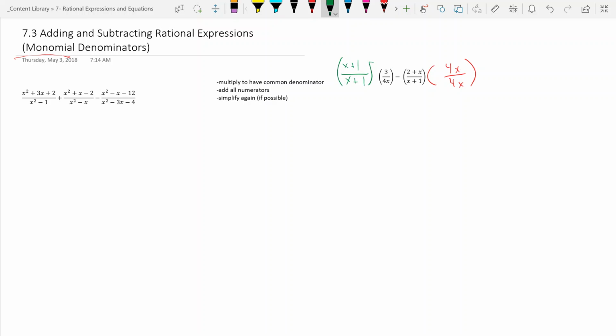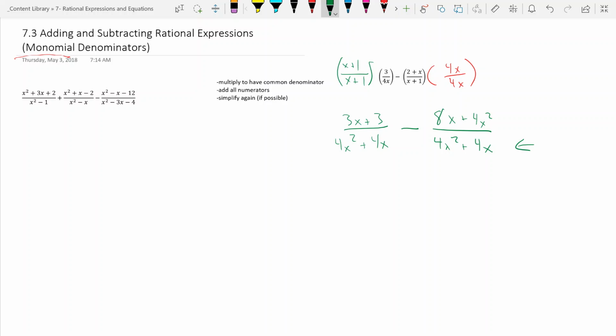That's okay. So when we do the multiplication, I get 3x plus 3 over 4x squared plus 4x minus, and over here, the denominator is 4x squared plus 4x. The numerator is going to be 8x plus 4x squared. So as we notice, the denominators are both the same.